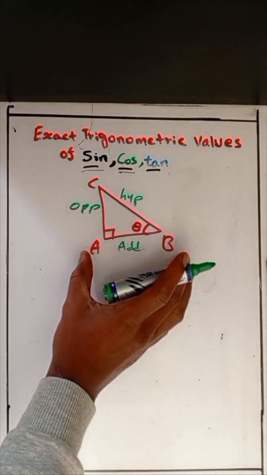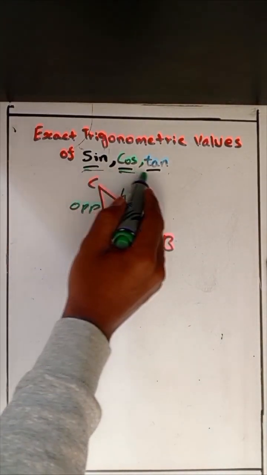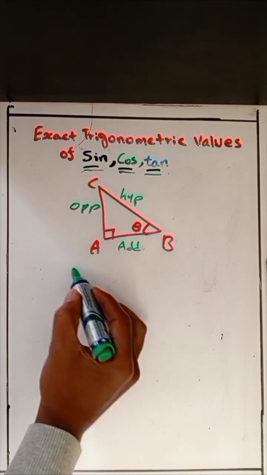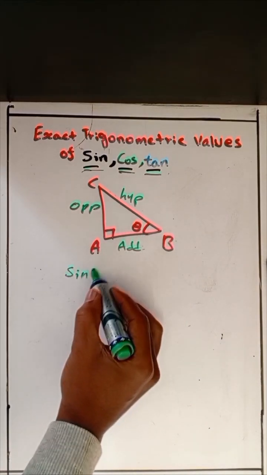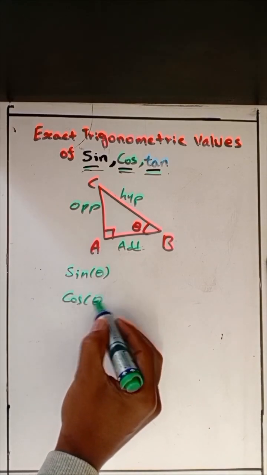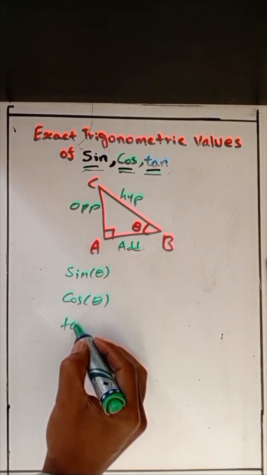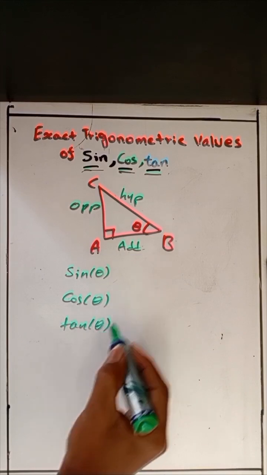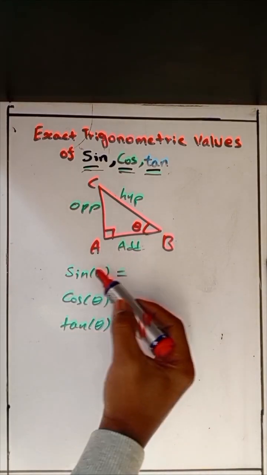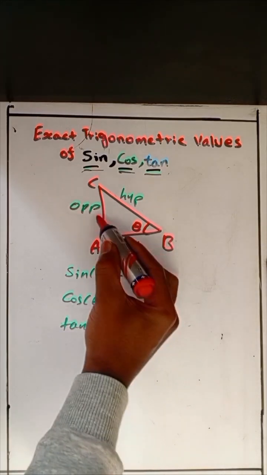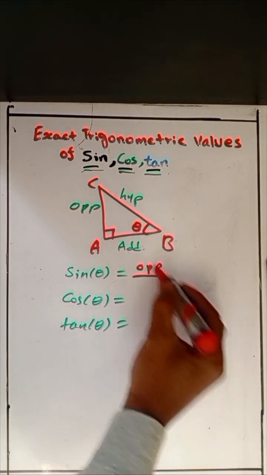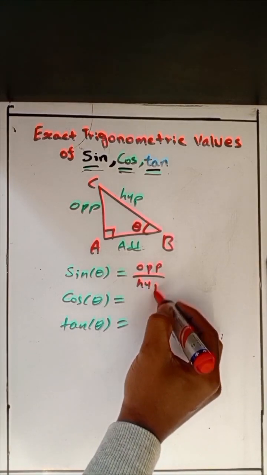This concept relates the basic trigonometric functions as follows. Sine of theta, cos of theta, and tangent of theta can be related as follows. Sin theta is the opposite length over the hypotenuse.